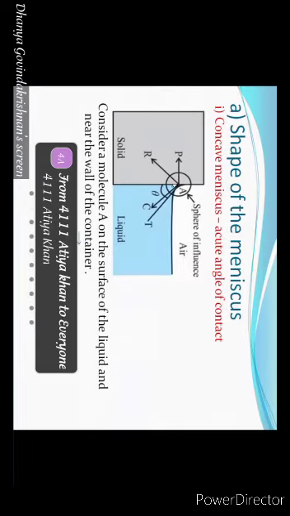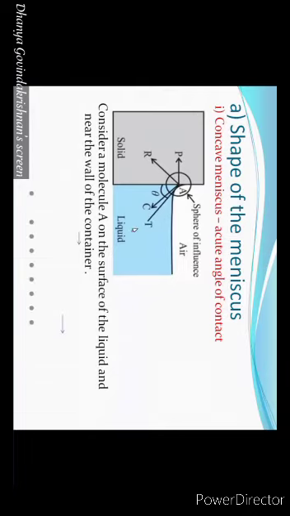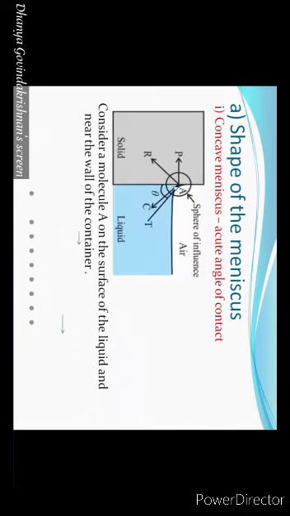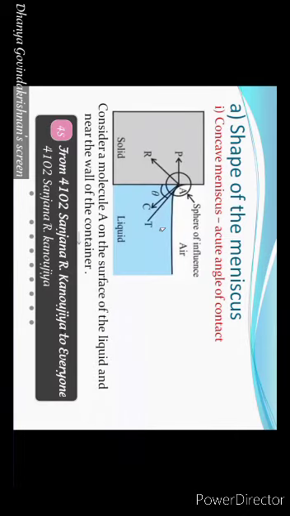Now this resultant AR should be normal to AT. What is AT? AT is the tangent drawn to the free surface.